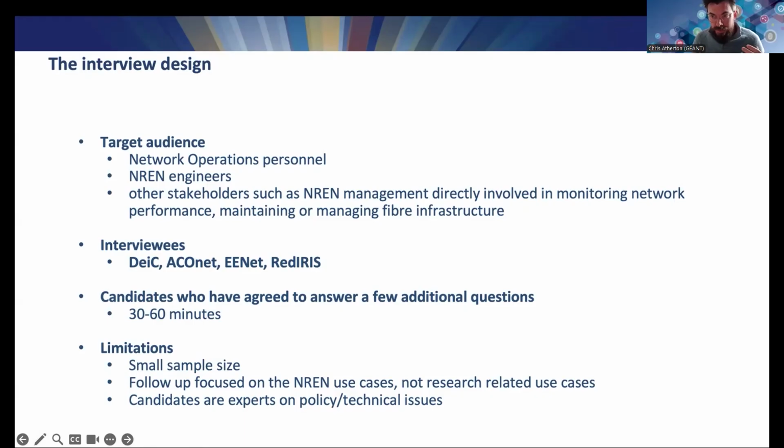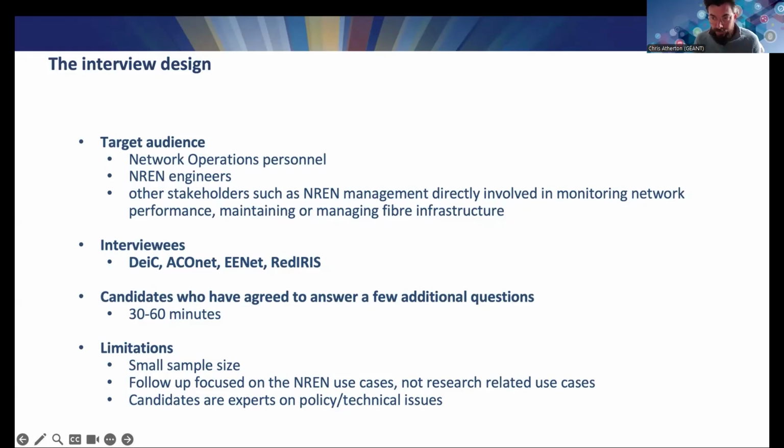The types of people that we wanted to talk to were limited to the network operations personnel or network engineers or another stakeholder such as the NREN management that were directly involved in monitoring the network performance, maintaining or managing the fibre infrastructure.